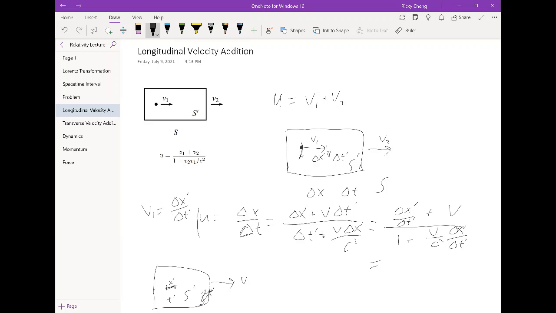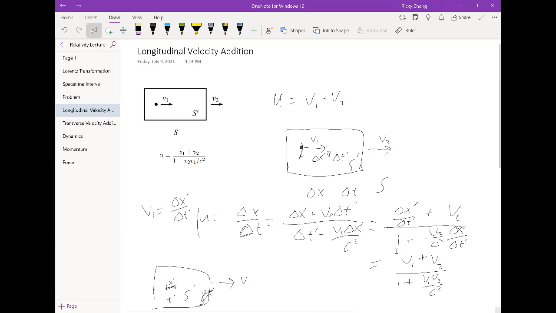So this v is v2, obviously, because it's the speed of the reference frame S prime with respect to reference frame S. And since delta x prime over delta t prime is equal to v1, we have u equal to v1 plus v2 over 1 plus v1 times v2 over c squared.